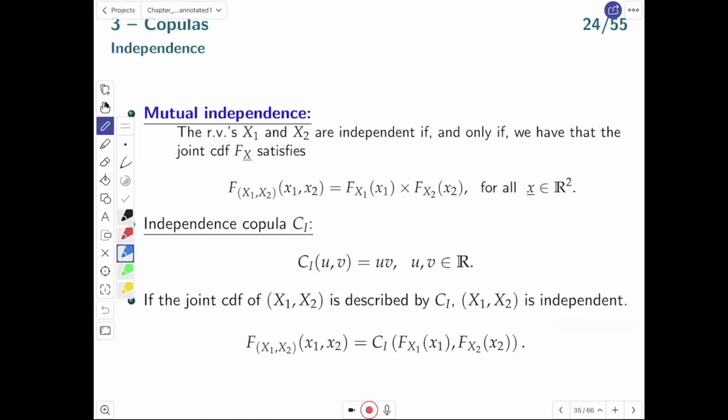Yes. Can you explain a bit more in detail? So I think the problem with copulas is that you always need to make assumptions regarding the dependence structure. Yes, but why do you need to make an assumption?